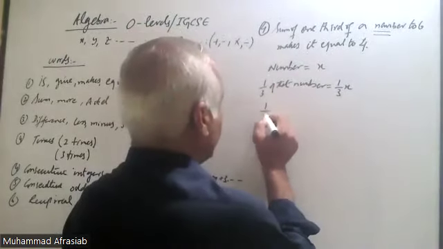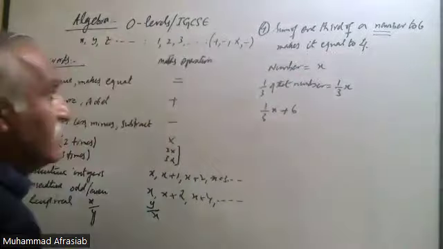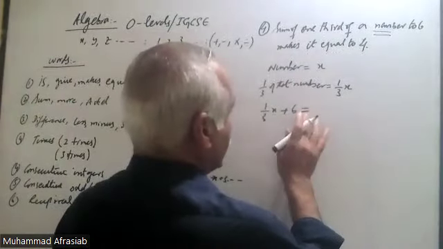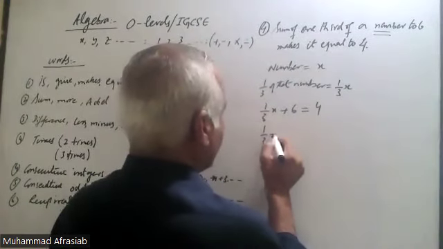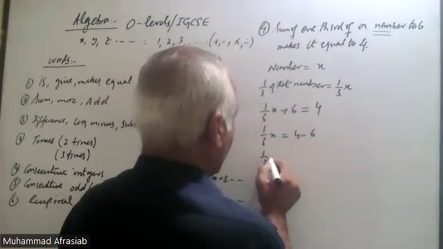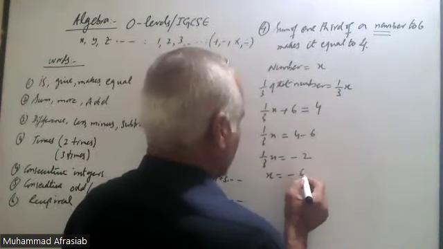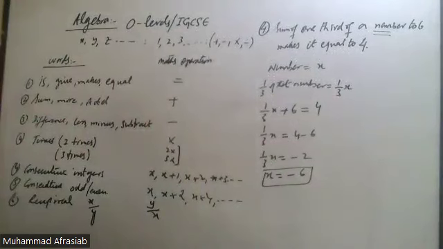So 1/3 of x plus 6 makes it equal to 4. So 1/3 of x is equal to 4 minus 6, so 1/3 of x is equal to minus 2, or x is equal to minus 6. So this is the way that we convert the word problem into an equation and solve it.